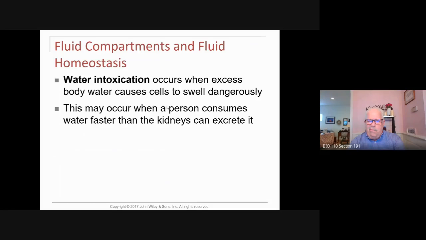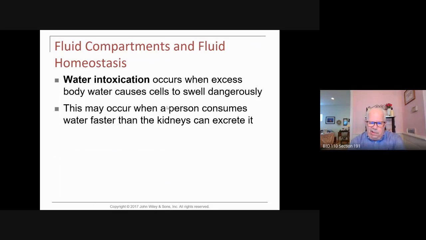I saw a young man who had mental problems, who drank 7 gallons of tea every day for a week. And he came into the emergency department in a coma.